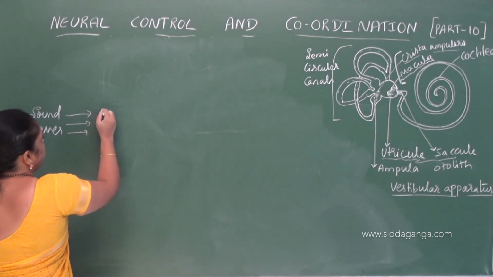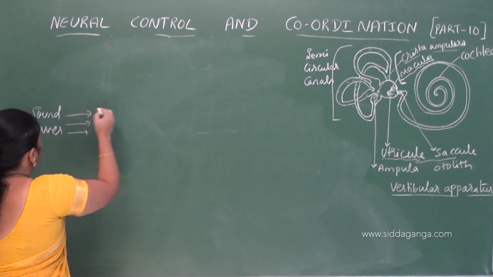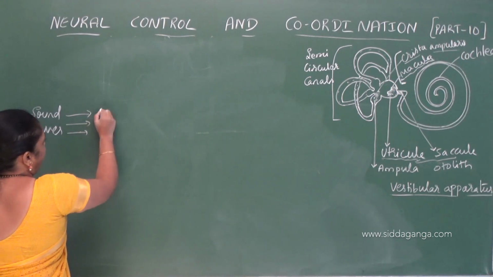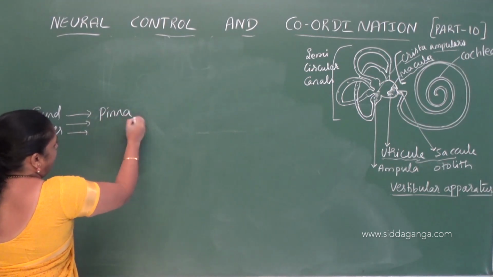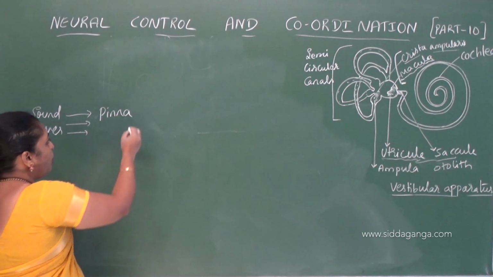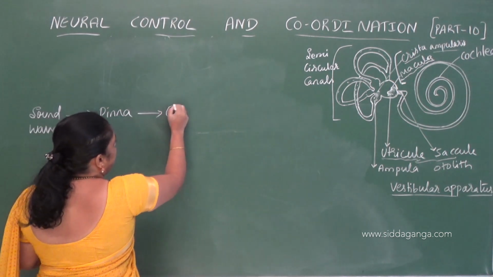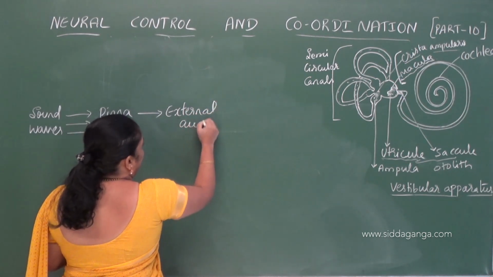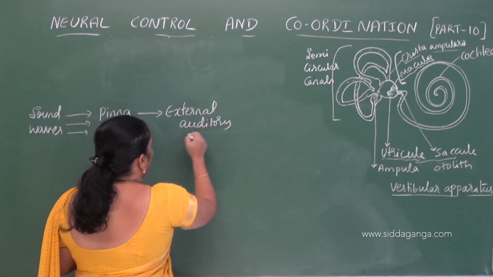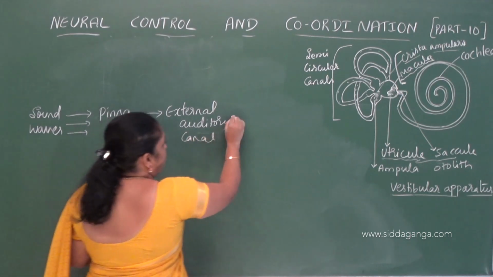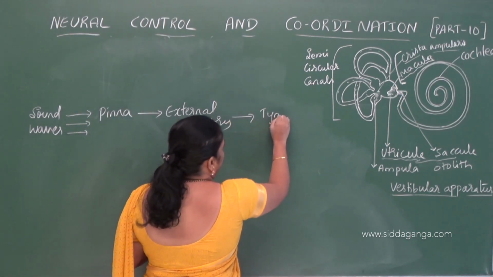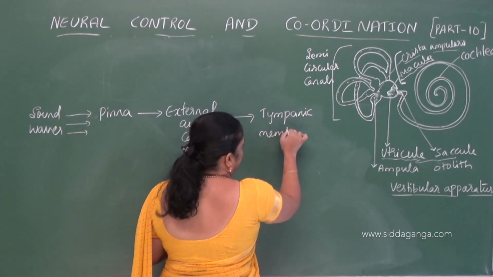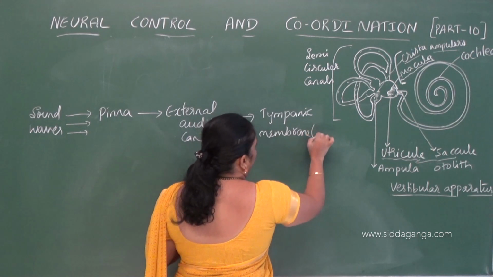Sound waves reach the pinna. Pinna collects all the sound waves and delivers them to the external auditory canal or meatus, and from there they reach the tympanic membrane and it vibrates.